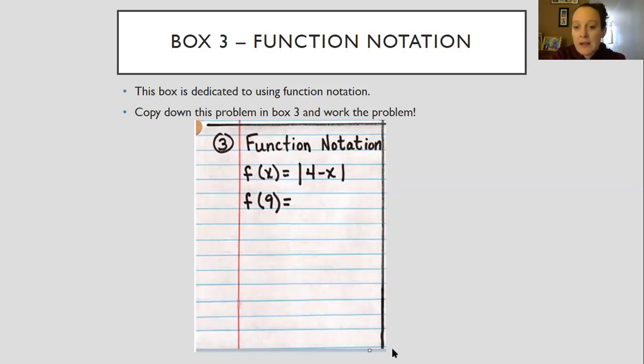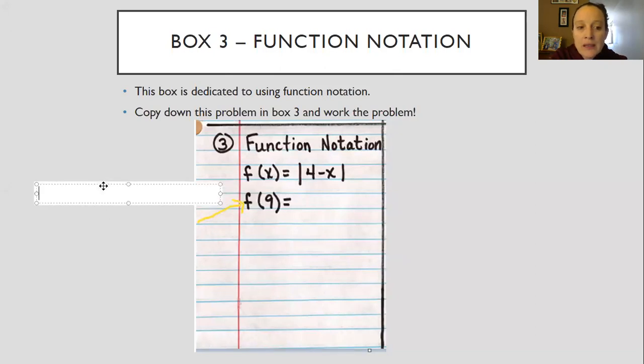So again, let's try this. I'm going to type something out because I want you guys to see what this is. And I'm going to use yellow, I think. All right. So we're given a function, f of x equals the absolute value of 4 minus x. Notice f of x is just a fancy y. But you're just given this thing called f of 9. So what does f of 9 even mean? Yes, what I type out, please write down.